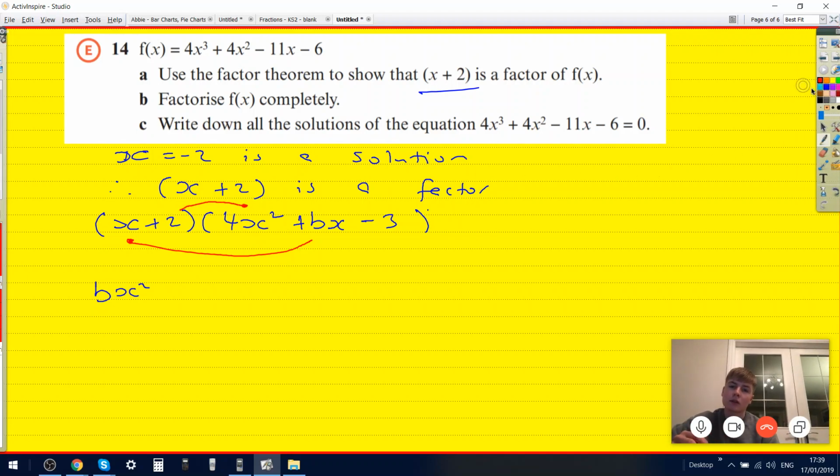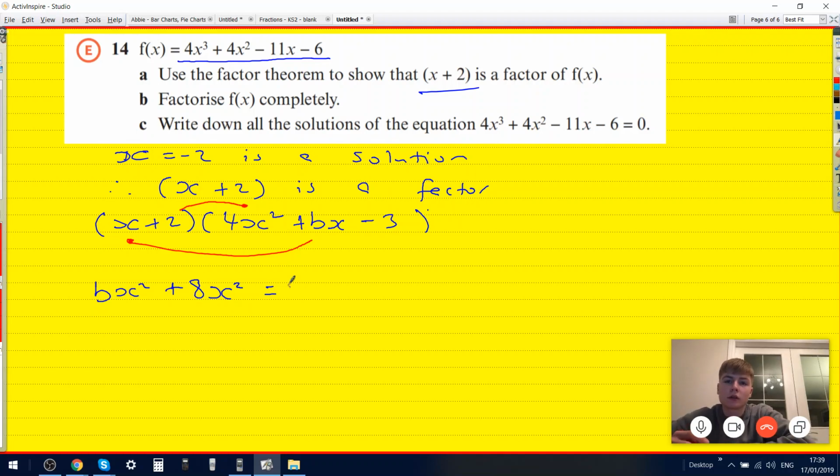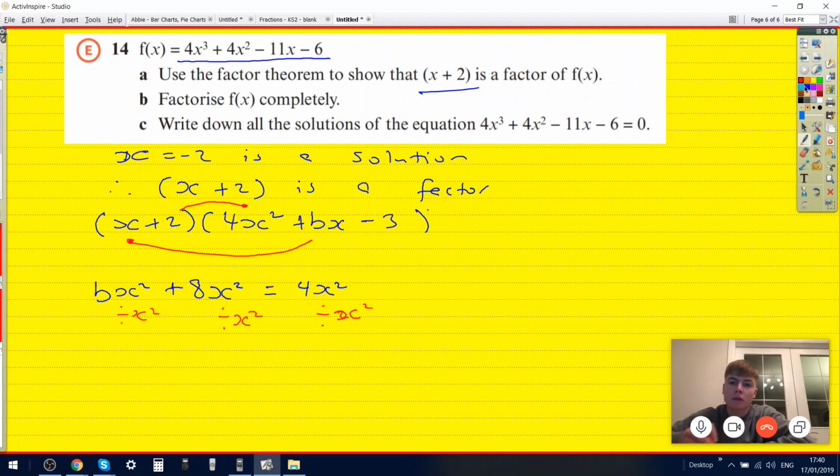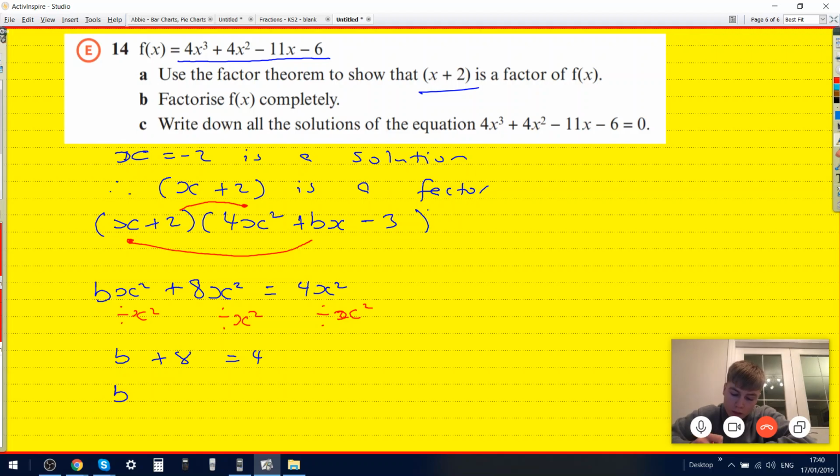So what do you know about what x squared we are supposed to get? In the question, it's 4x squared. When we expand these brackets, that will have to make 4x squared. If you divided everything by x squared to make it simpler, basically b plus 8 equals 4.